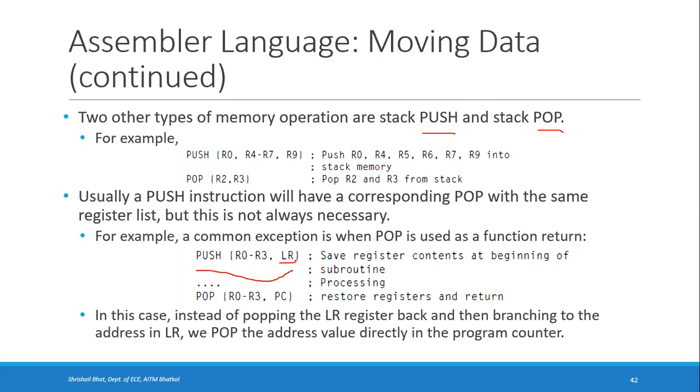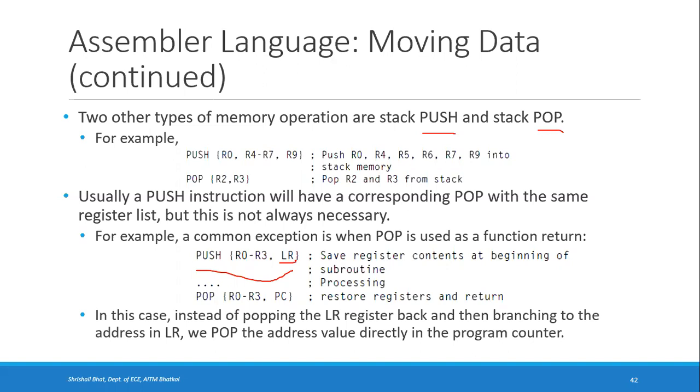Whenever you are going to branch, the link register will hold the address of the next instruction, I mean, where it has to return after branching. After returning from the branch, where it has to start the execution from, that will be held in the link register.